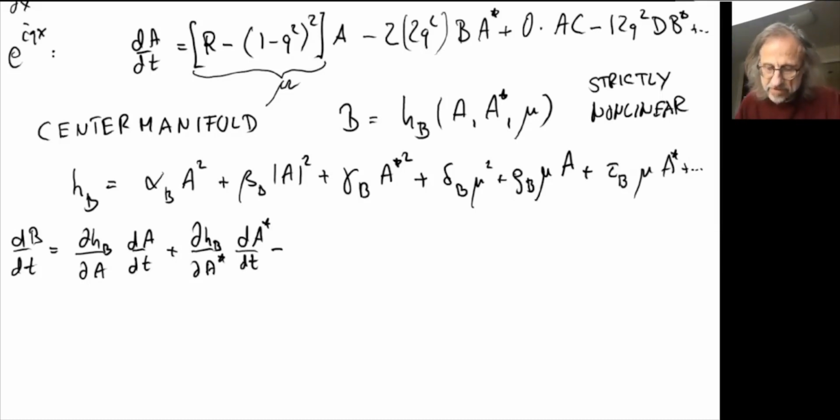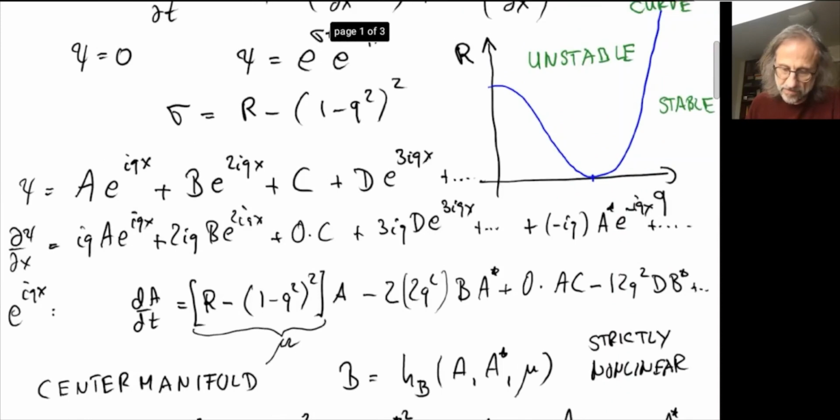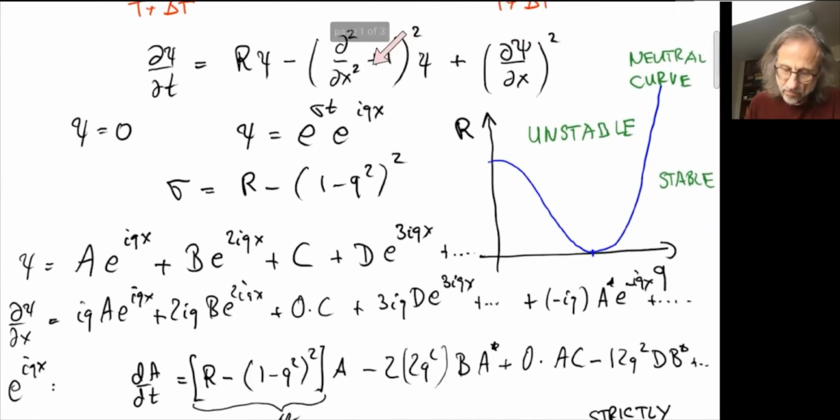And then comes in principle also dH by d mu, because the mu is sitting here. But that will be multiplied by d mu by dt. And mu is constant, right? So we just have this formal thing of having the phase space extended to include mu, but mu doesn't change. So we don't need to keep that term at all. So this is simply now whatever dB by dt is if we do our Fourier analysis of the original equation, right? So we need to see in this equation, what are the terms that have an e to the 2iqx? So let's write those out.